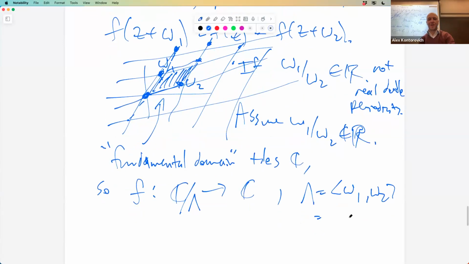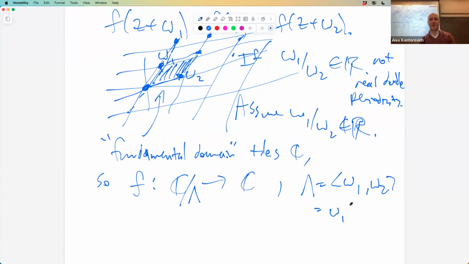In other words, all integer multiples of omega 1 plus integer multiples of omega 2. So this is a rank 2 abelian lattice in C, and f is really a function on this quotient. Does that make sense?